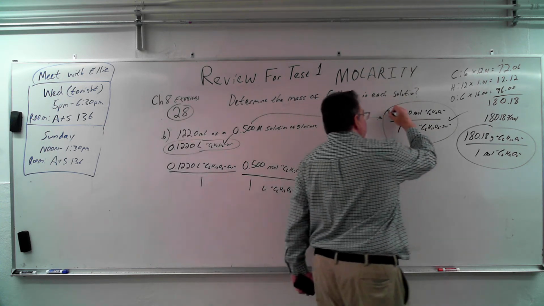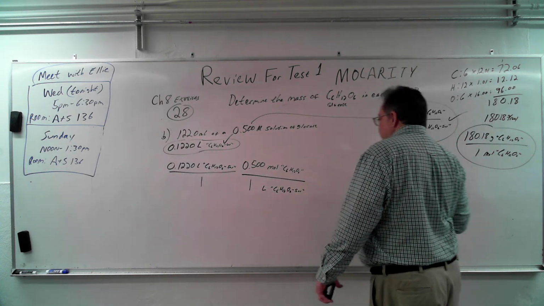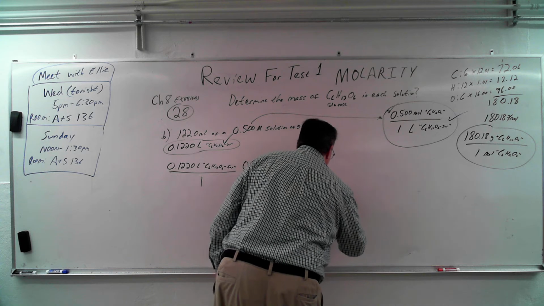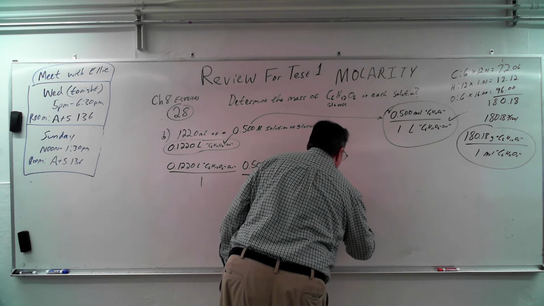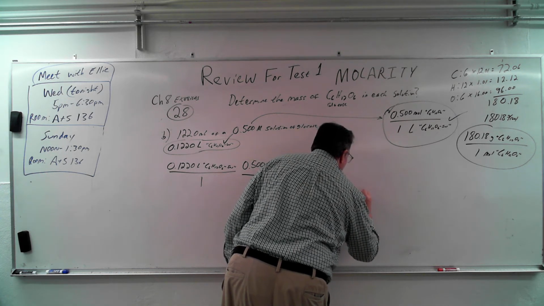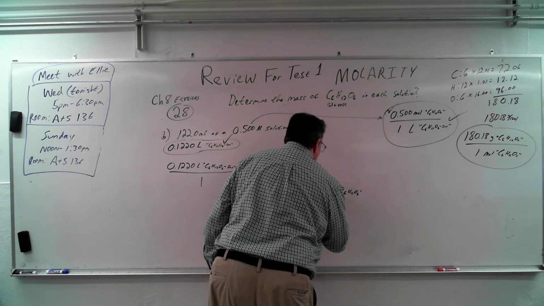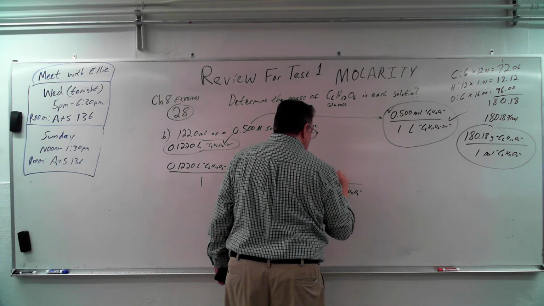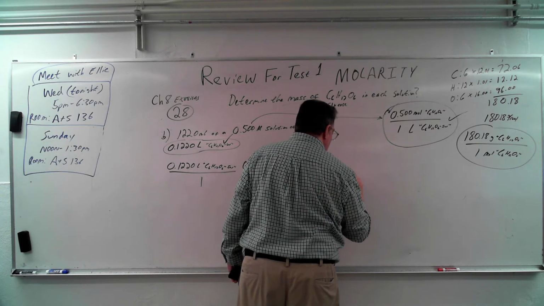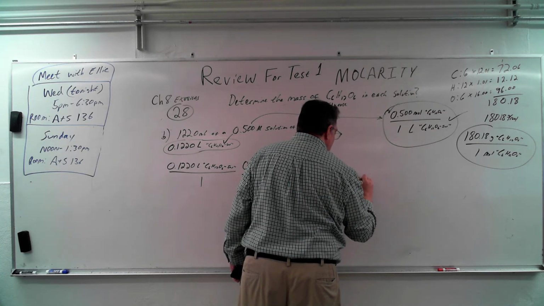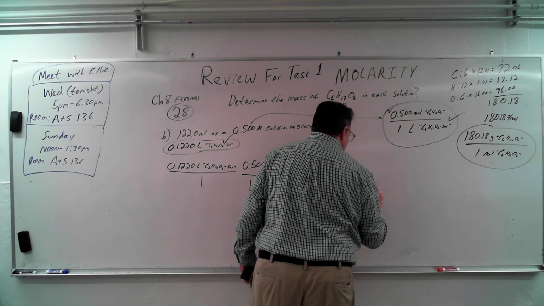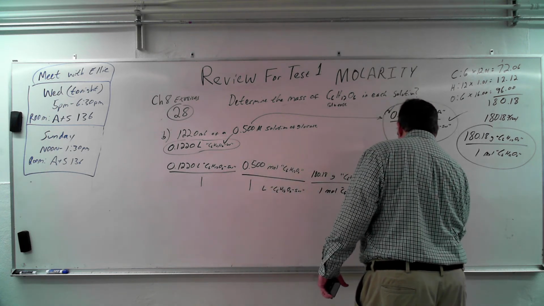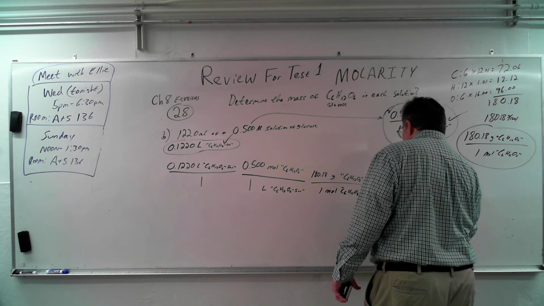So we've used this. Now we're down to this. We need moles on the bottom. One mole is 180.18 grams, and that'll give you grams, aka the mass of.